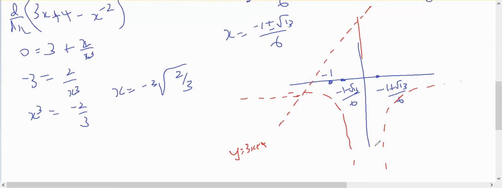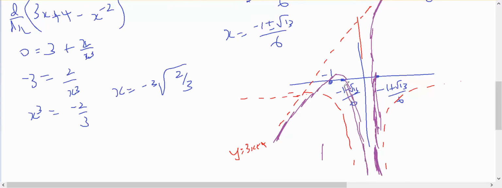I'm thinking that it's asymptotic down here and it goes through there and it becomes asymptotic up there. Here we have it's asymptotic here, it goes through there, goes up, comes back down and becomes asymptotic again. And that turning point there.